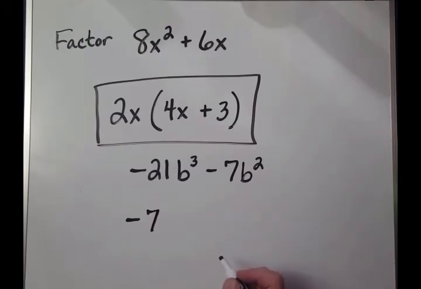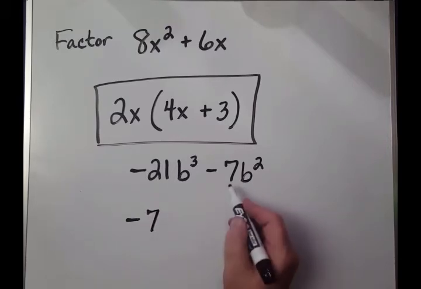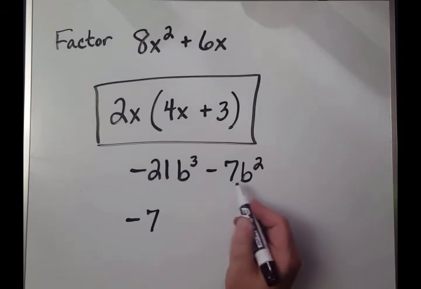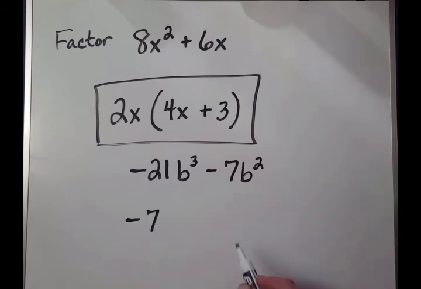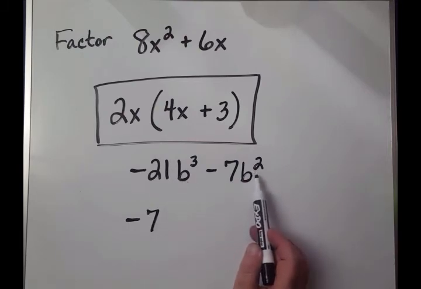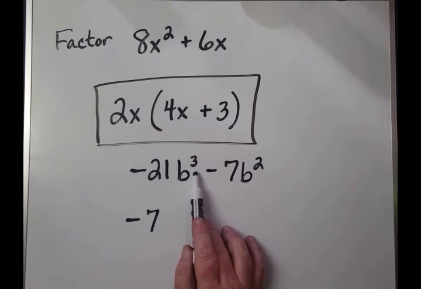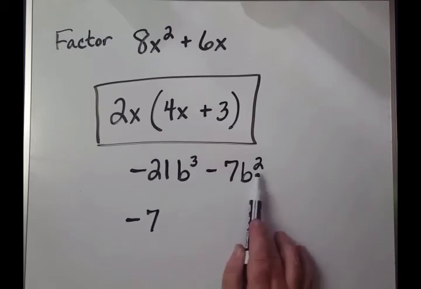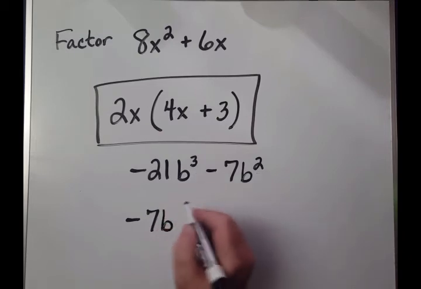And obviously nothing bigger. There's nothing bigger than 7 that will go into 7. And for my variable part, take the variable at its smallest power. Do both of these terms contain at least 2 b's? Yes. Do they both contain at least 3? No. Take it at its smallest power.